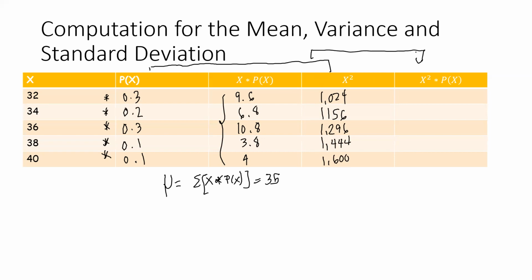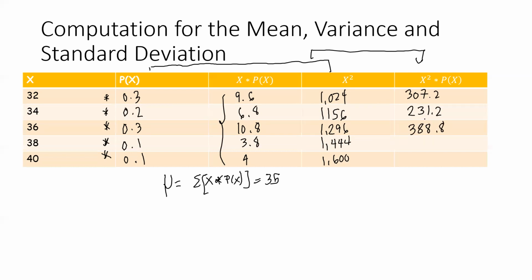So our next step is to multiply 1024 with 0.3, then it will become 307.2, while for 1156 with 0.2, it will become 231.2, while for 1296, it will be multiplied with 0.3, it will become 388.8.